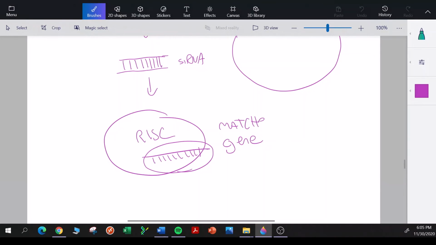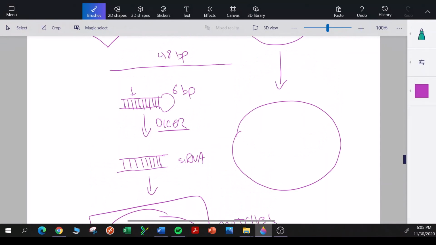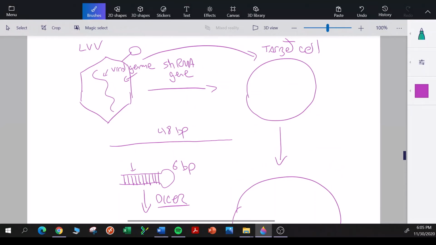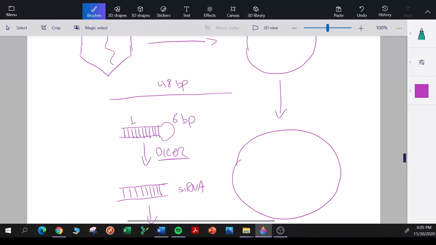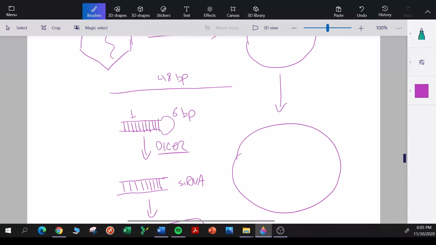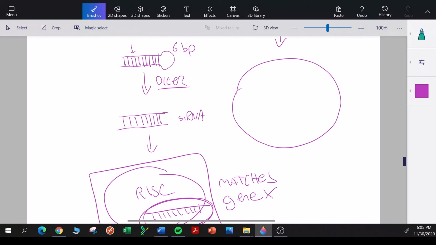So this RISC complex now is going to search the cell for messenger RNAs from gene X, and it's going to cleave those because this is going to be perfectly complementary to gene X. So this cell line is no longer going to be able to express normal levels of whatever protein is encoded by gene X. So it's going to produce significantly less of that protein.